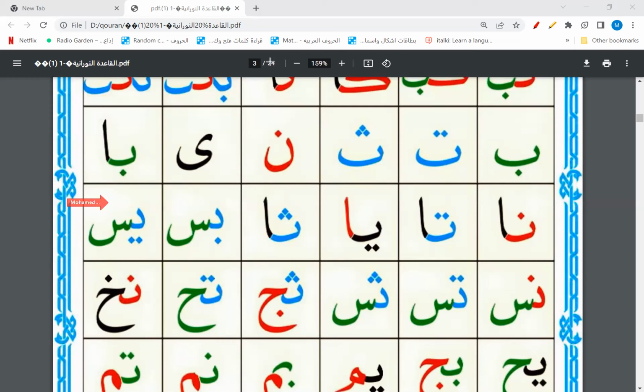That one is... It's 2 dots down. Remember what has 2 dots down? Yeah, sa. Yeah, sa. Very good. And this one?